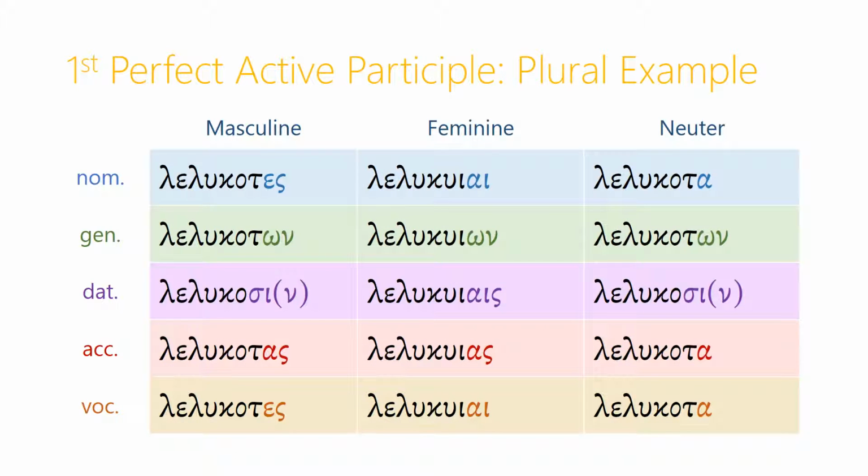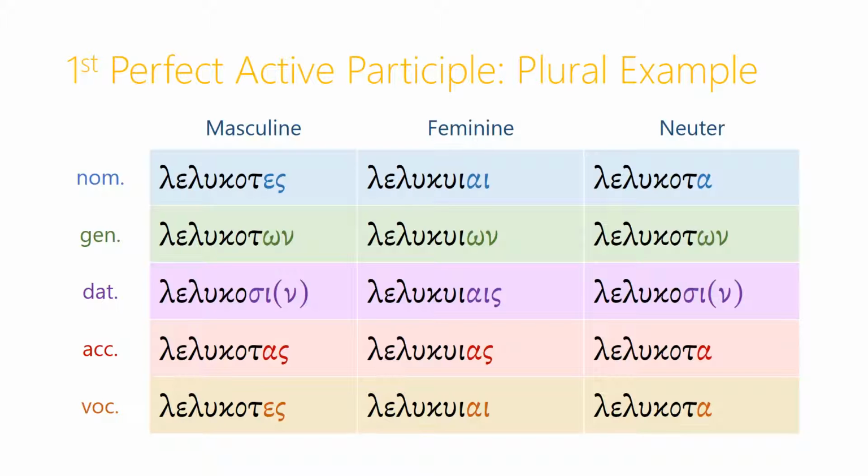But the endings, as I said a moment ago, are completely regular, even more so than in the singular of the perfect active participle. Here we just have in the masculine and neuter the regular third declension plural endings, and in the feminine the regular first declension plural endings.